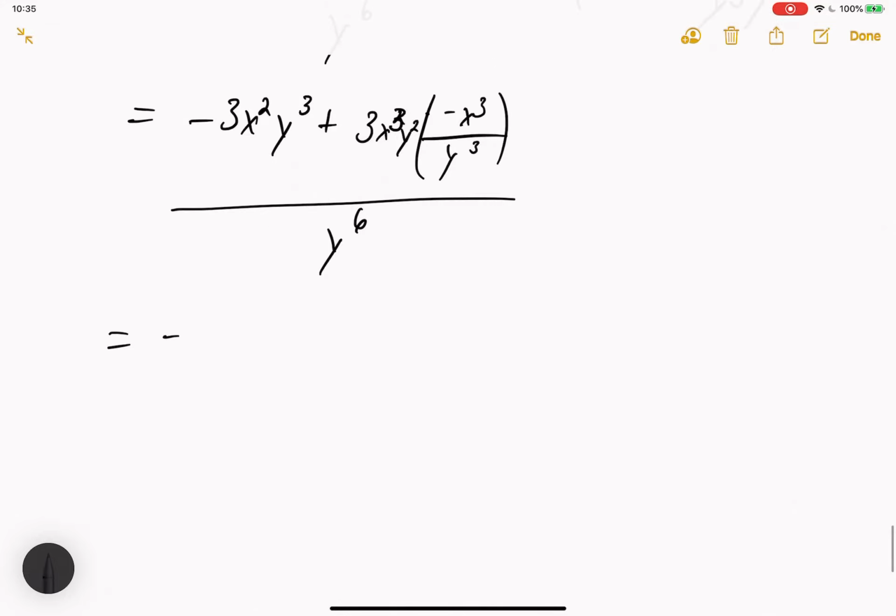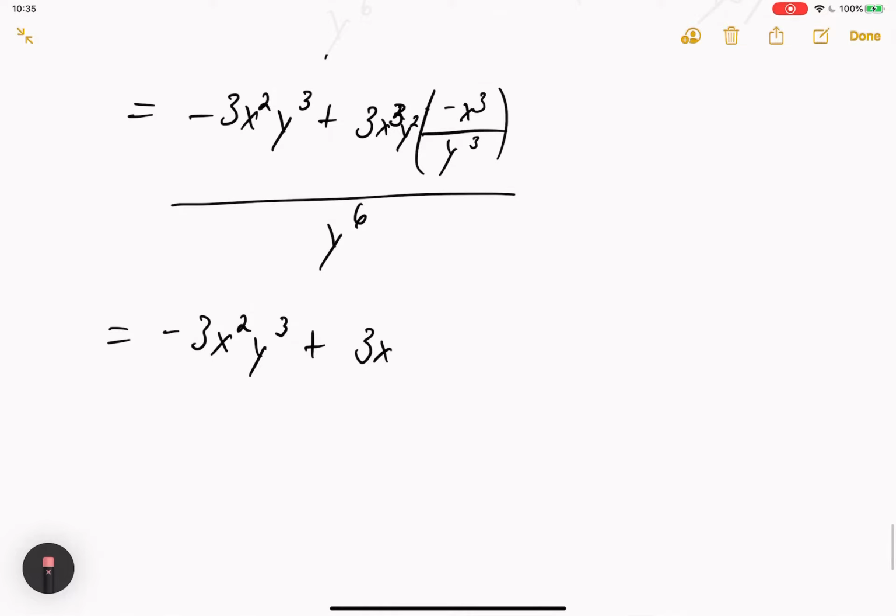So that's going to be negative 3x squared y cubed plus, well, now it's going to be negative 3x to the 6th. Because here it's negative, here's a third, so add them together, then you get x to the 6th exponent.